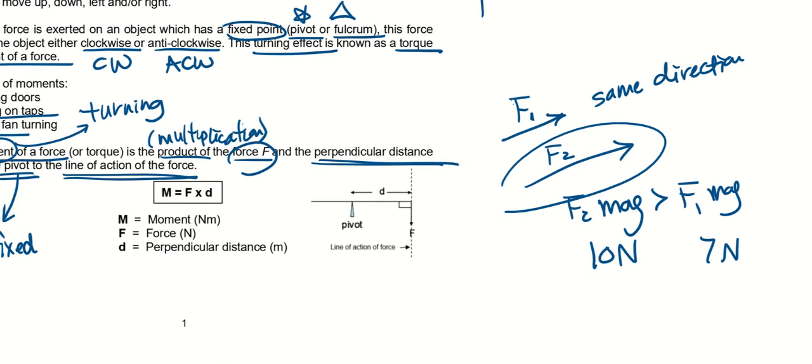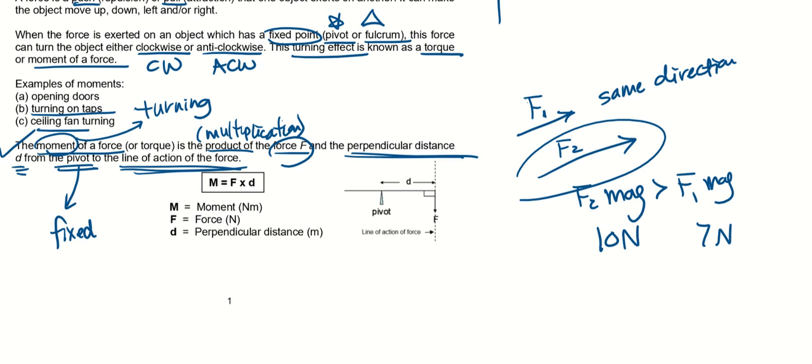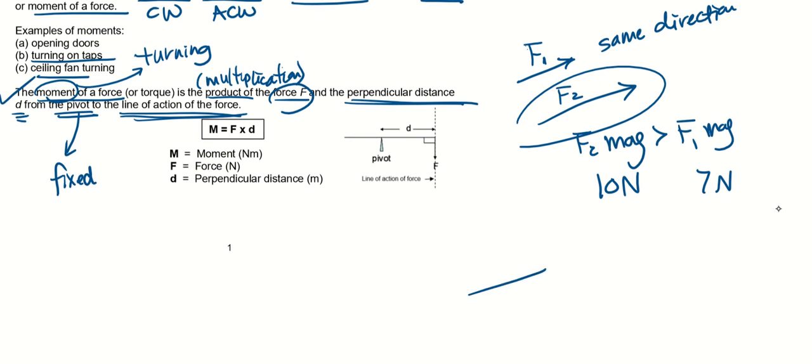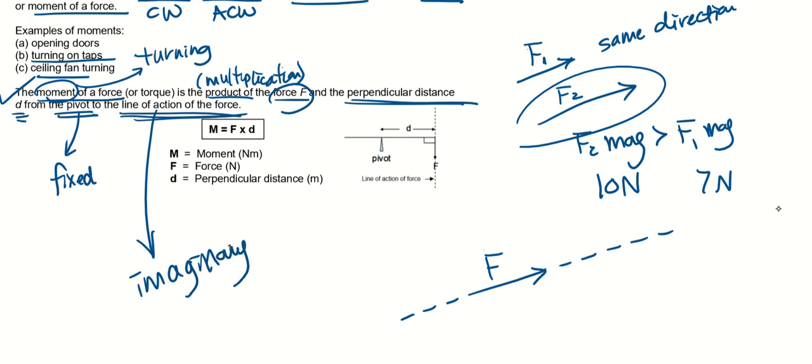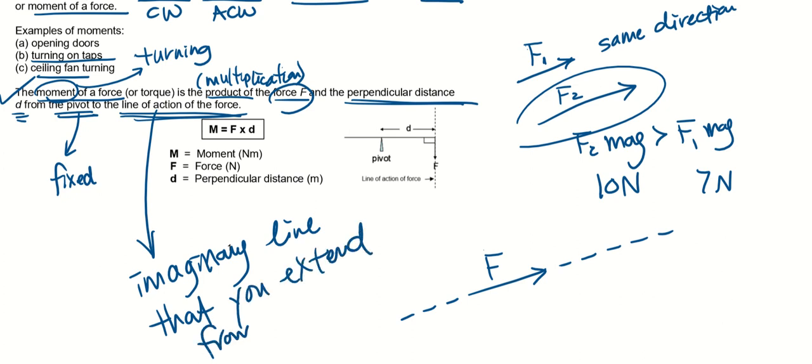Now, what do we mean by line of action of the force? If I have a force that is represented by this arrow, the line of action of the force is an imaginary line. Please write this down. It is an imaginary line that you extend from the back and front of the force.